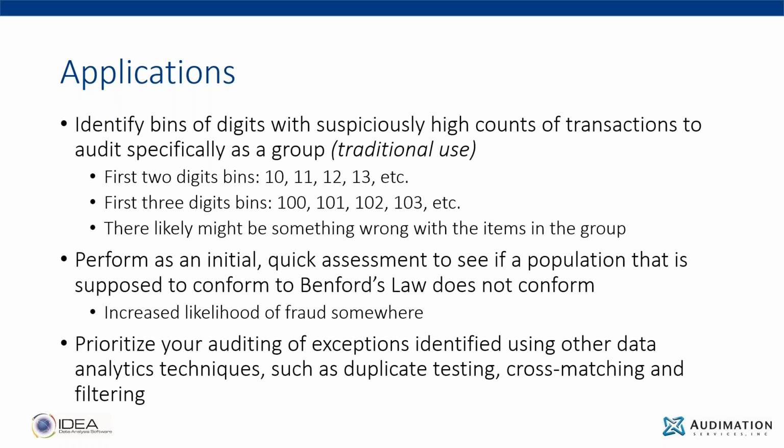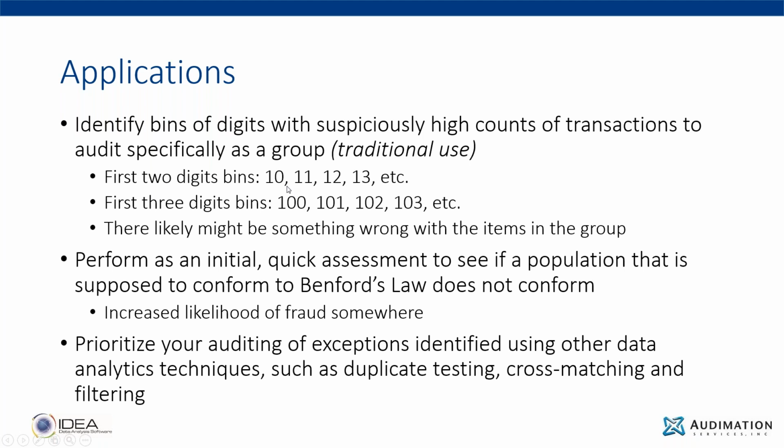We have the first 3-digit bins. So again, you could have 100 and 101, 102, 103. Those all could be in separate different bins. All of these would be grouped under the 2-digit bin of 10, but we could also separate it out and look at a more discrete breakdown of bins if we were to look at, say, first 3 digits instead of first 2 digits.